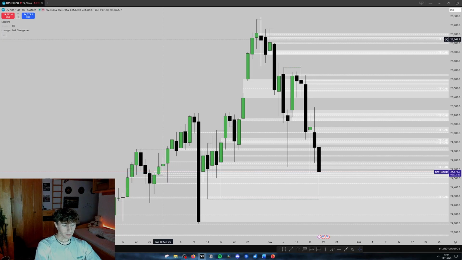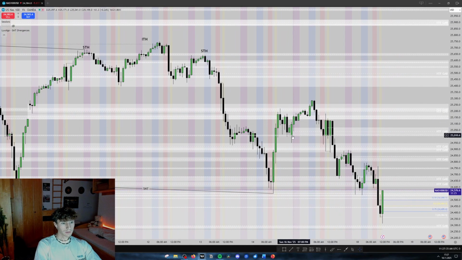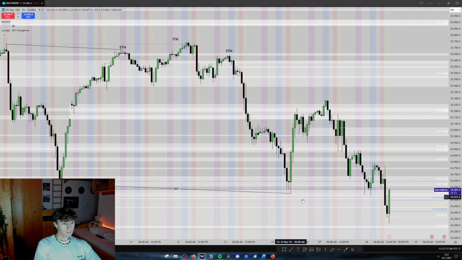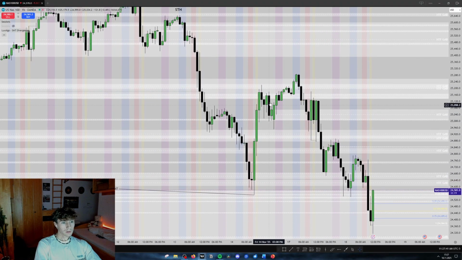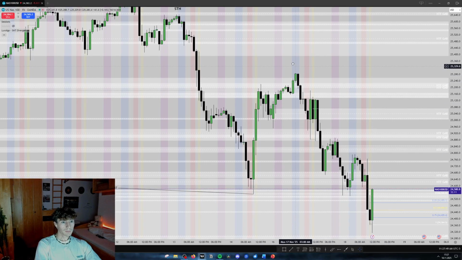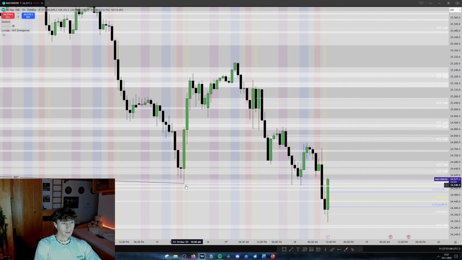But yeah, so maybe let's drop to an hourly chart. Right here we still have the SMT, but I think that's not really important anymore. We basically have an intermediate term high, a short term high to the left and a short term high to the right. So we are definitely in a market maker sell model to the downside, and we already scraped the low right here after Asia and also with the London session.